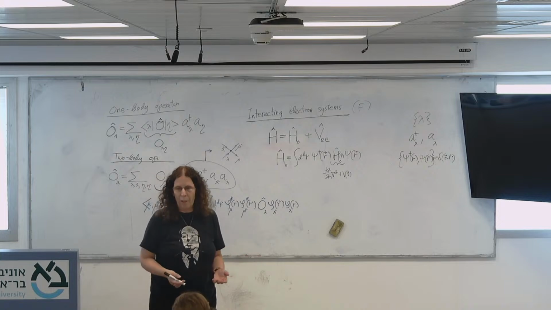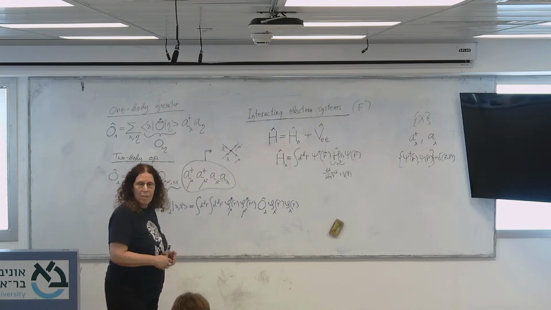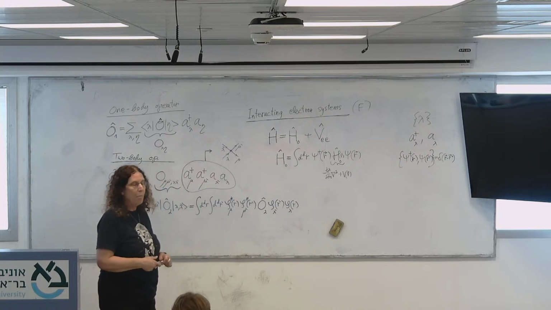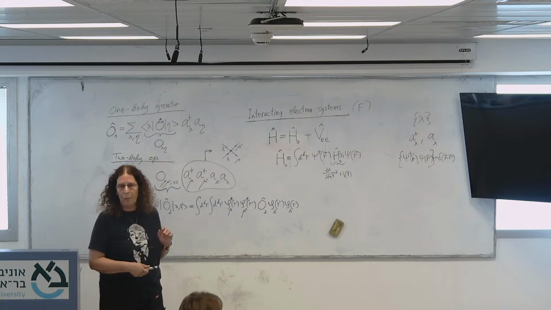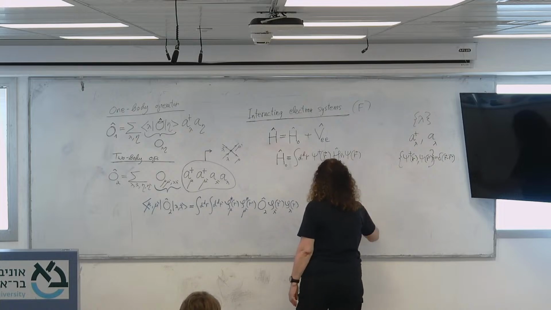Mostly because you have kinetic energy, the single particle states are always better described in some other quantum number. So let us write it in its diagonal form.